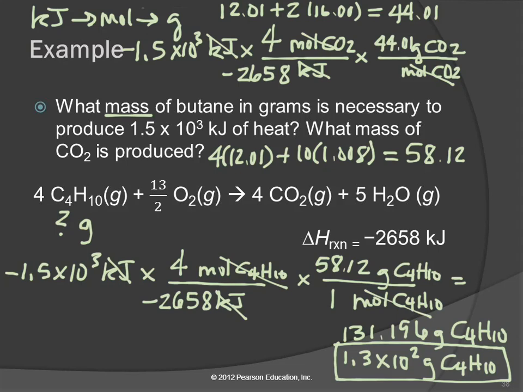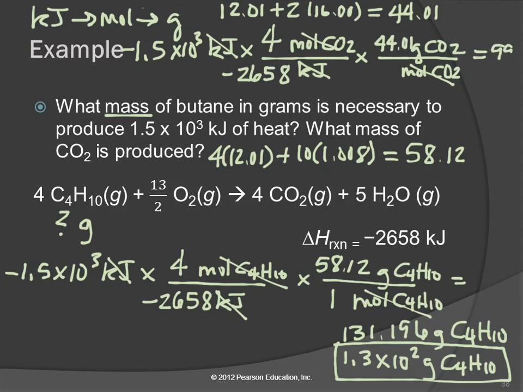So negative 1.5 times 10 to the third, times 4, divided by negative 2658, times 44.01 equals. That should also have 2 sig figs.